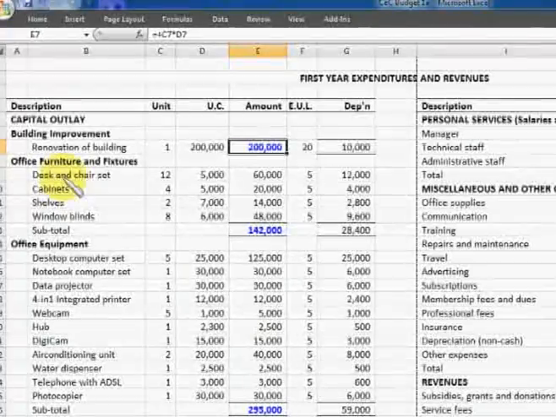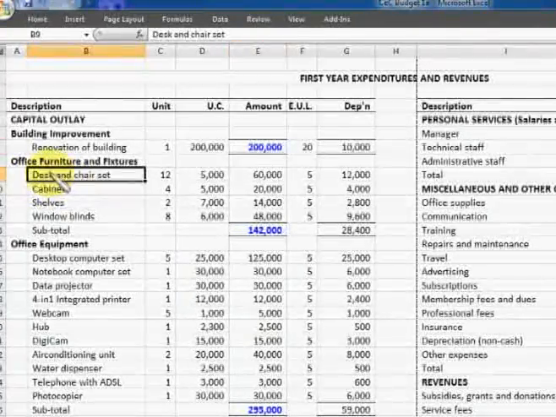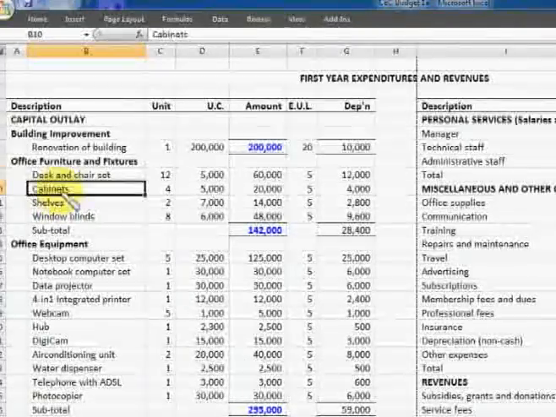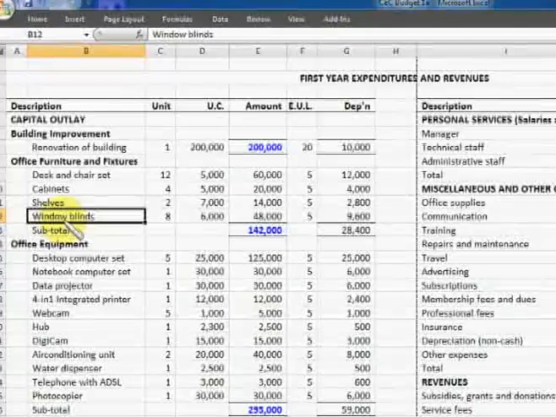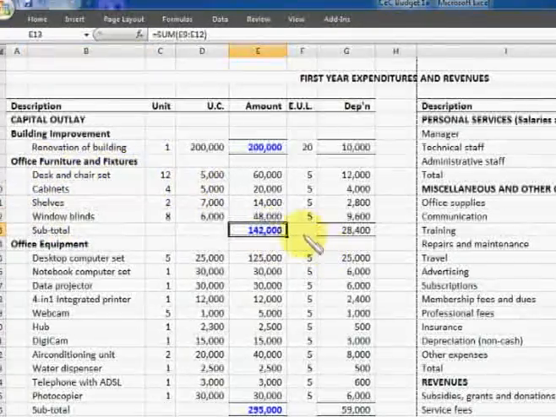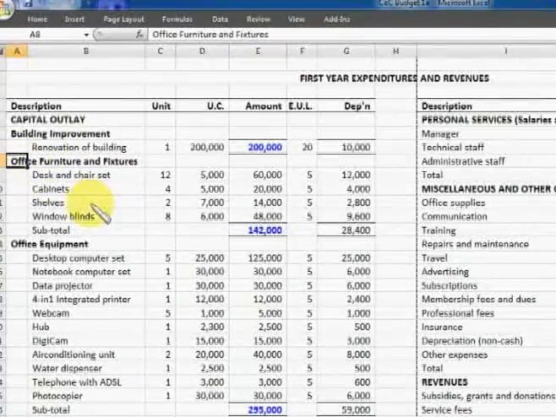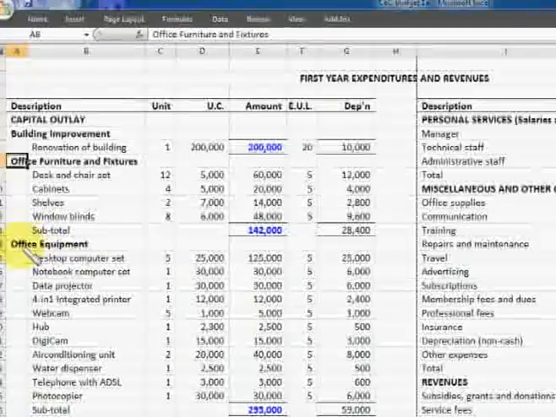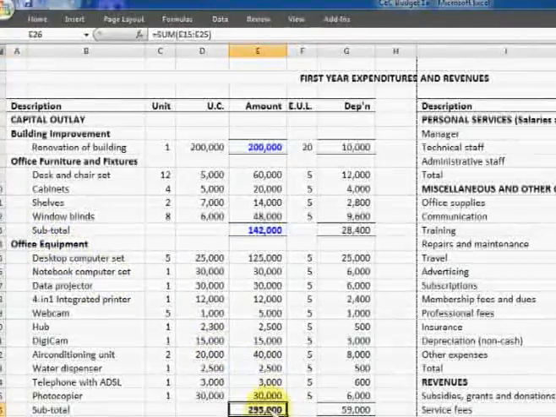Of course, the CEC needs to have desks and chairs, cabinets, shelves, and window blinds or curtains. And in this example, we have a total of 142,000 pesos for the office furniture and fixtures expenditure. And for the office equipment, we have a total of 295,000 pesos.